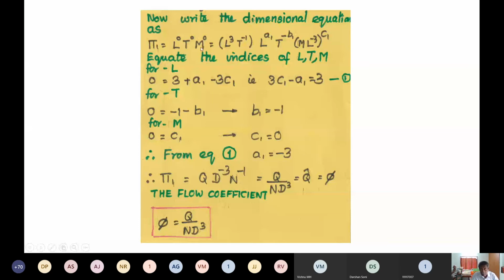Now for time, I find left hand side it is 0 because it is non-dimensional number. Then right hand side, in the first one there is a minus 1. Then the second one there is a minus B1. So I get B1 is equal to minus 1. For mass term, left hand side it is 0. Right hand side there is only one mass term, M power C1.